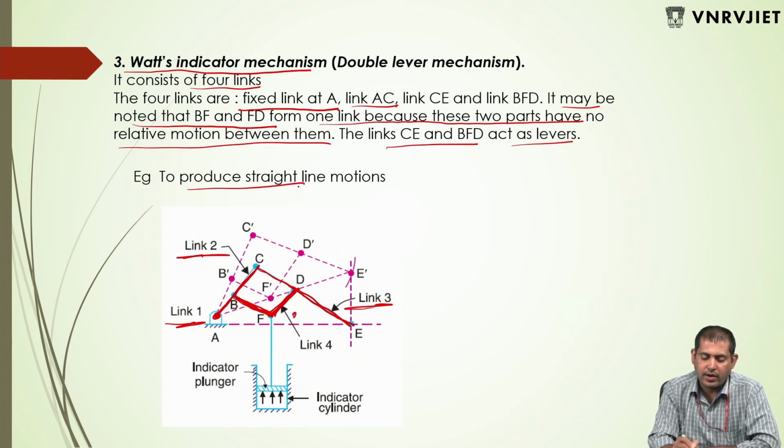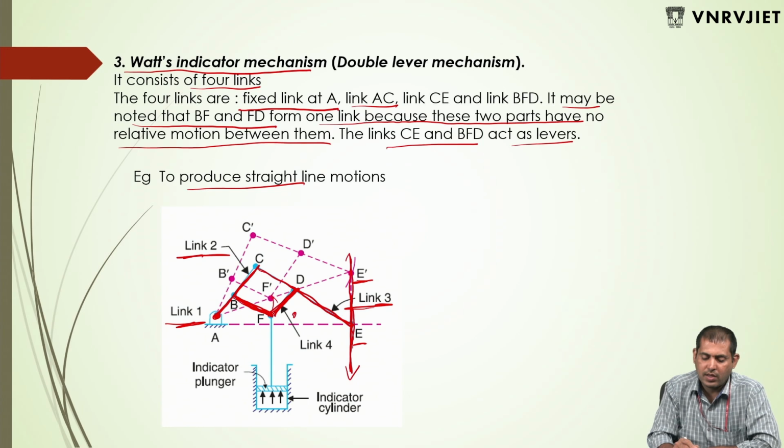This produces a straight line. When it is moving in this direction, the point E will move to point E dash. So here an exact straight line motion is produced.